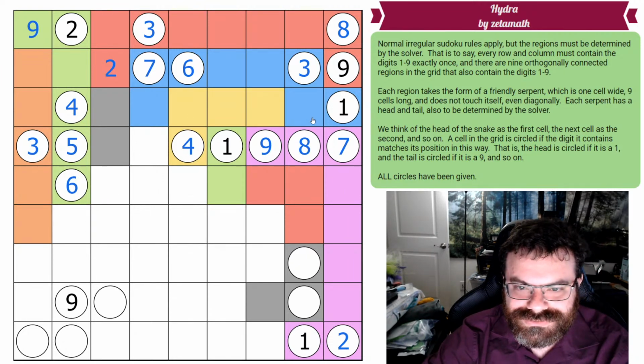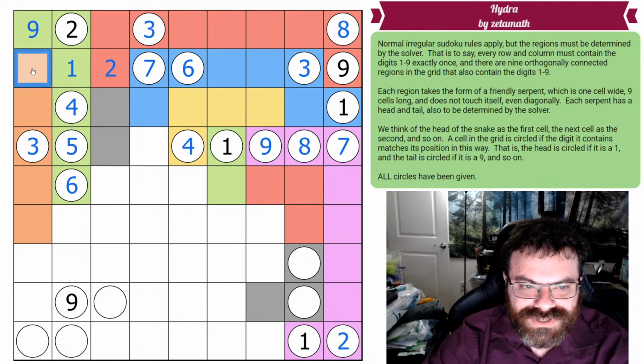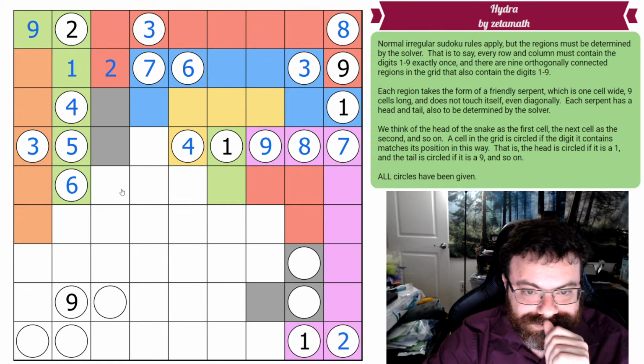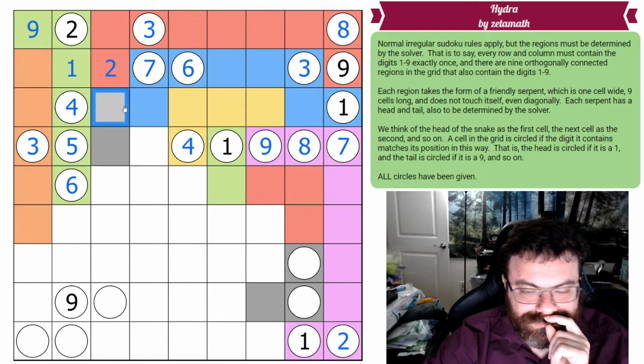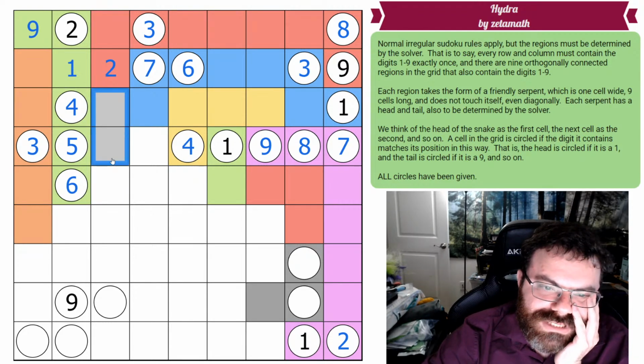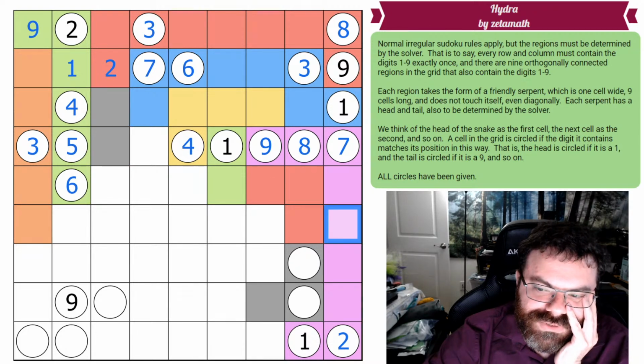1 in row 2. Alright, yeah. This one can't be a 1 because of the orange. It's true. This doesn't have to be a new snake. This could be the end of blue.